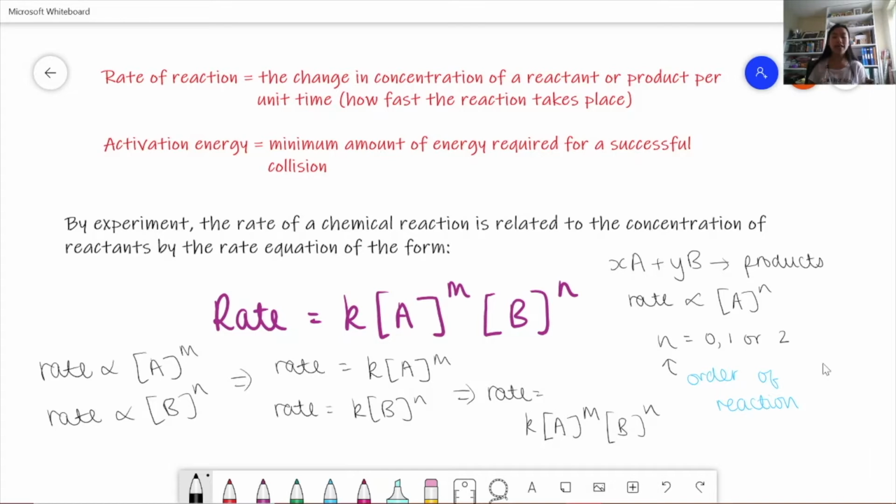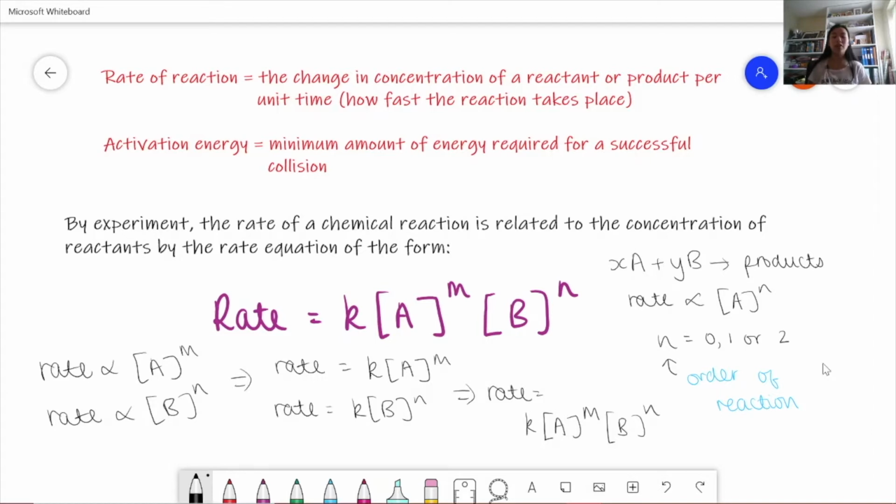And m and n, the orders of reaction, are determined experimentally, so they can't be theoretically given a value. For the order of reactions, how we word it is that we say the order of reaction with respect to A is m, and the order of reaction with respect to B is n. And k, which is the rate constant, varies with temperature.